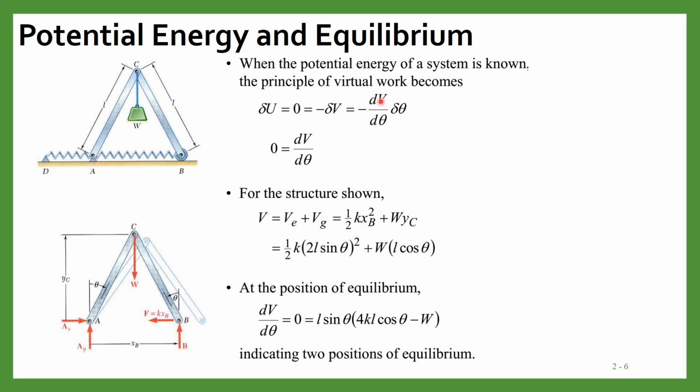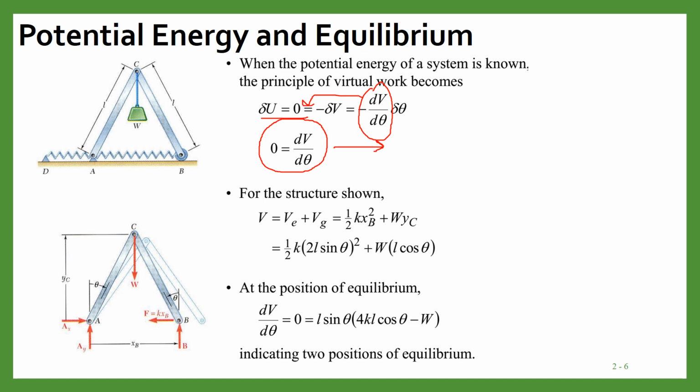So minus dV by d theta delta theta. Because delta U is equal to 0, this thing should also be 0. So dV by d theta should be 0. So for potential energy and equilibrium, we have change in potential energy with respect to theta should be 0.